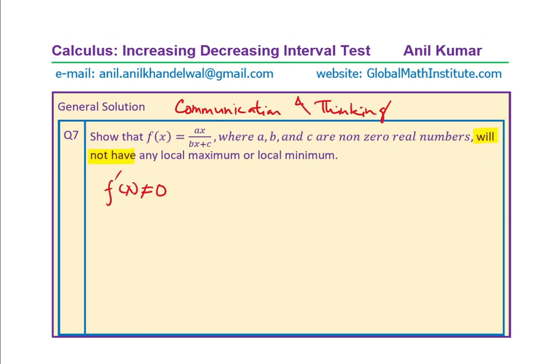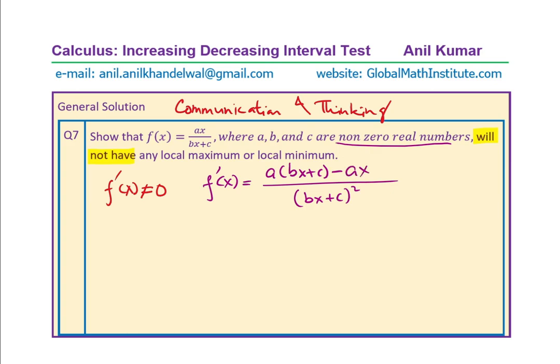Question number 7. Show that this function where a, b, c are non-zero real numbers will not have any local maximum or minimum. Find the derivative, right? So as we discussed earlier, it should not be 0, right? So denominator is bx plus c whole square, derivative of ax is a times bx plus c minus ax times derivative of denominator, which is b, right?